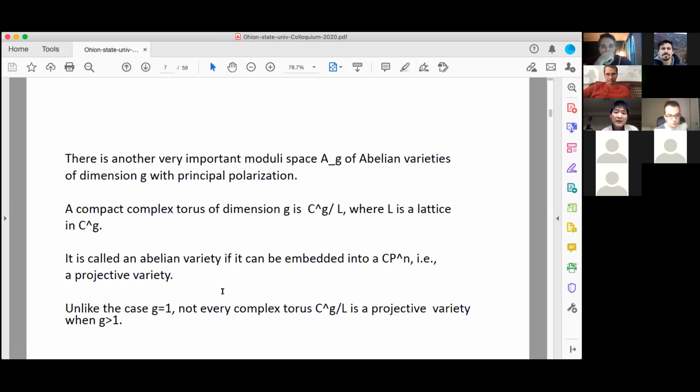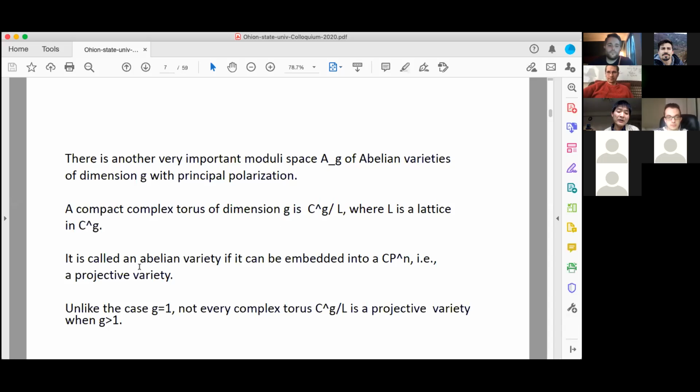Now, there is another very important moduli space, A_g, of abelian varieties of dimension g with principal polarization. Here's the definition of an abelian variety. We consider a compact complex torus of dimension g, which is C^g over a lattice L, where L is a lattice of rank 2g. This is the compact complex torus.